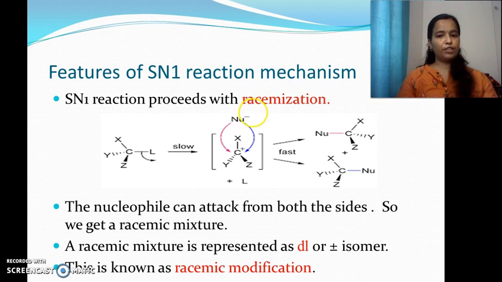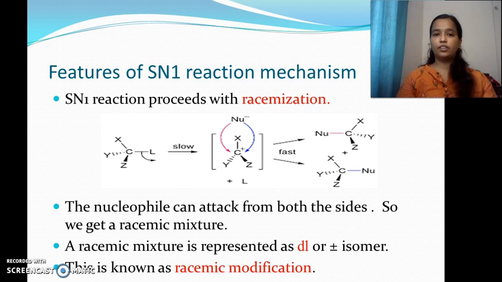That is also free. So the nucleophile can attack from both sides, and we get a plus or minus isomer or DL isomer, or we will get a racemic mixture, or we will observe racemization in SN1 mechanism.